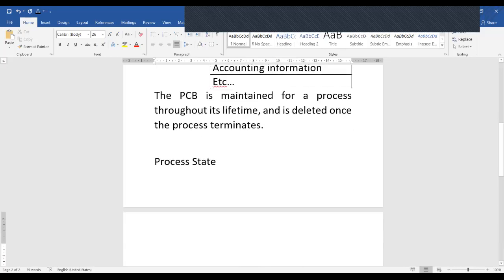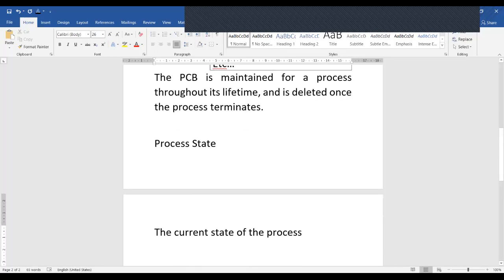So the current state of the process, that is whether it is ready, running, waiting, or terminated. In process state, we show the current state of the process. So this is the process state.